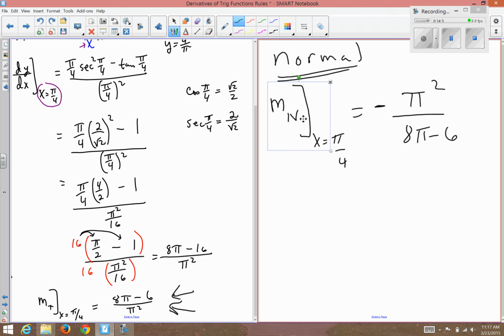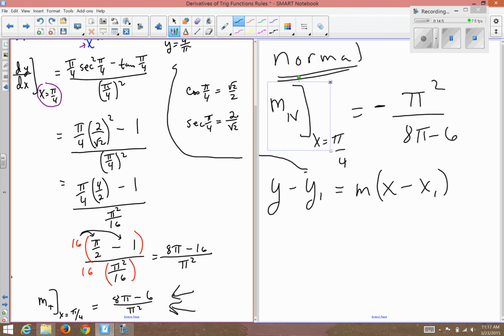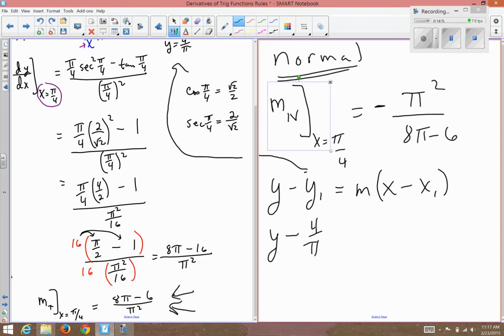The equation of a line is y minus a number equals the slope, parentheses, x minus a number. The y1 is the y we figured out way back there. So y minus 4 over pi. The slope of the normal line is negative pi squared over 8 pi minus 16.